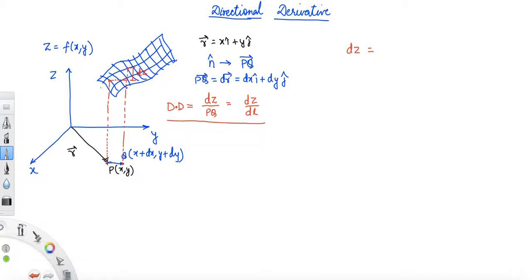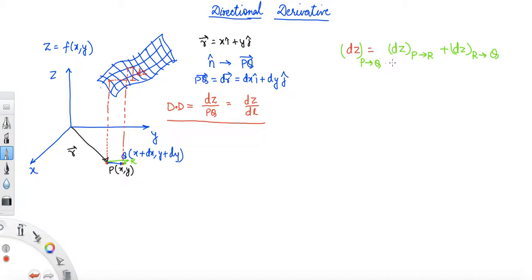First, move in the y direction and then move in the x direction. So if I say this point is r, dz is equal to change in z encountered while moving from p to r plus dz while moving from r to q. This is total dz while moving from p to q. This is a two-step process.